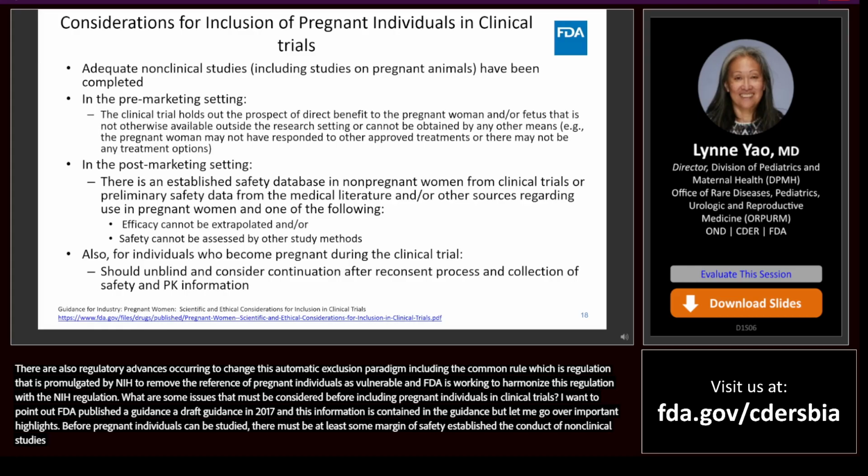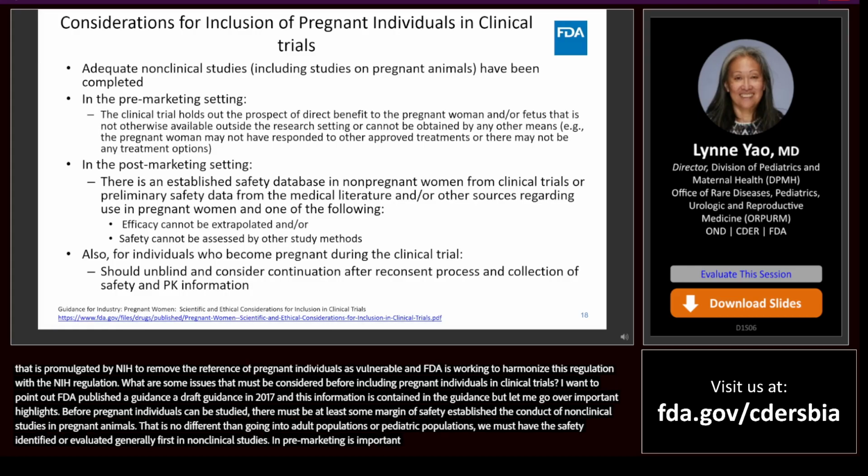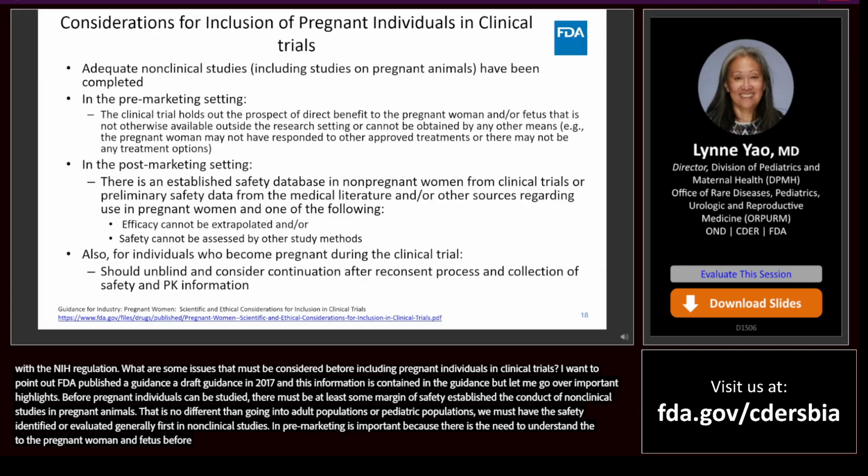In the pre-marketing setting, it's important, again, because there is the need to understand the benefit to the pregnant woman and fetus before enrolling a pregnant individual in a clinical trial pre-marketing, that there must be a prospect of direct benefit, and that information that you obtain by enrolling that pregnant individual cannot be obtained by other means.